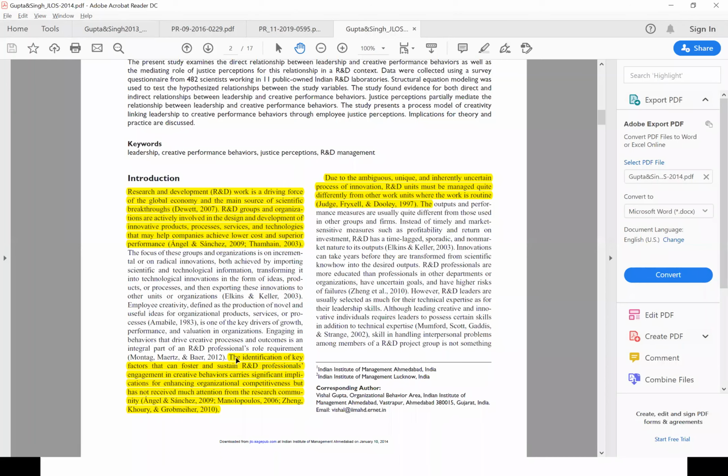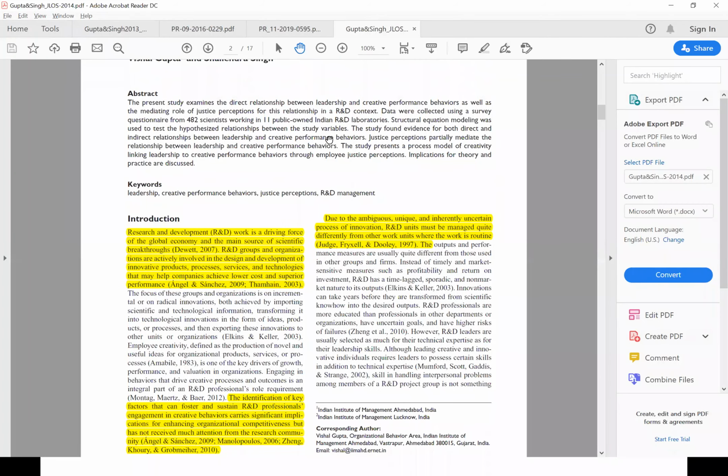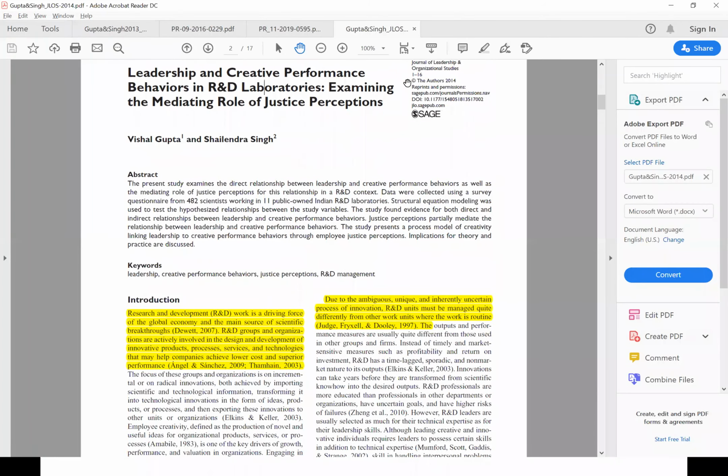Therefore, I say that the identification of key factors that can foster and sustain R&D professionals' engagement in creative behaviors carries significant implications for enhancing organizational competitiveness, but has not received much attention from the research community.